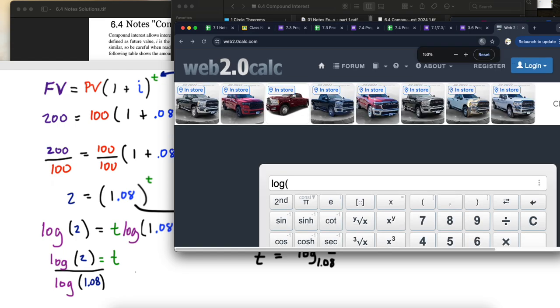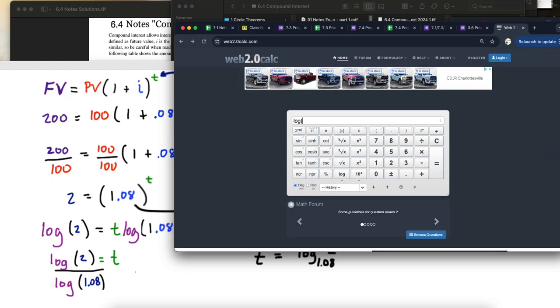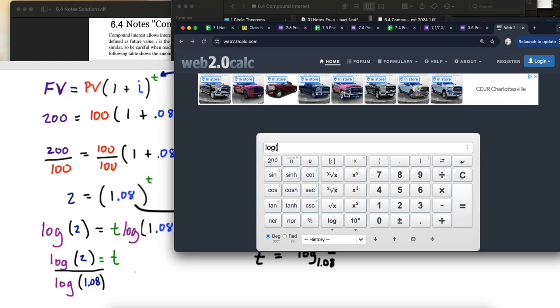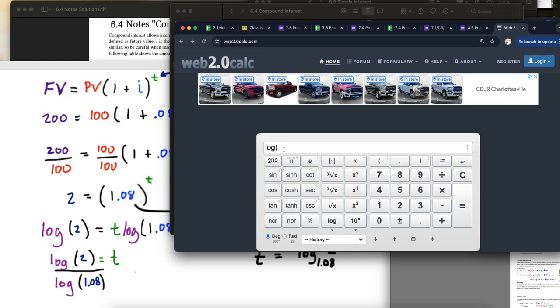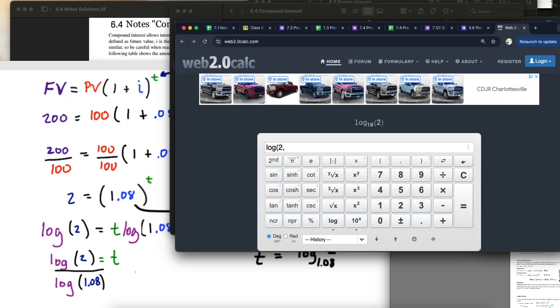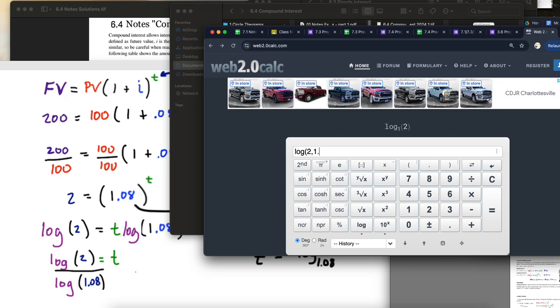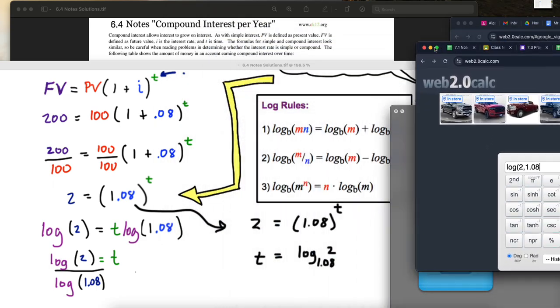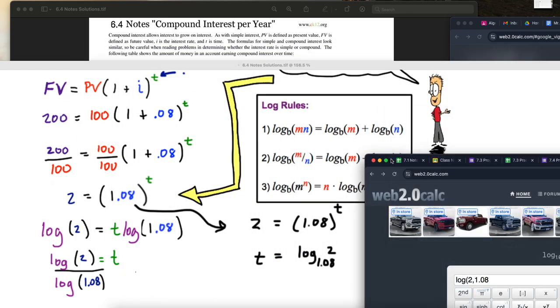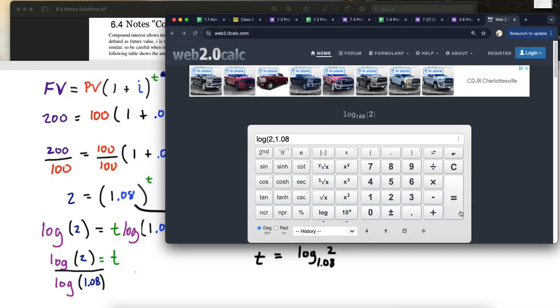Okay, I think what we're going to do is say log of 2, comma, and then we put the base. We'll know if it writes it on the preview. Yeah, that's what I want: log base 1.08 of 2. Some user error here.